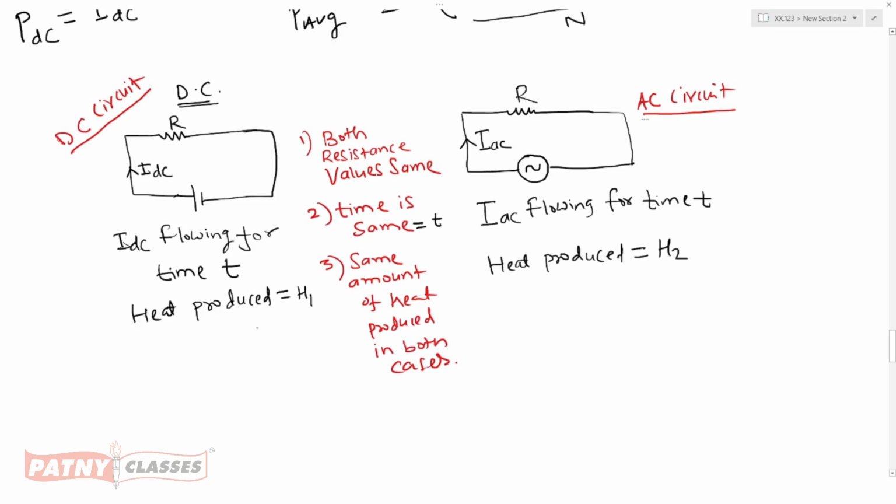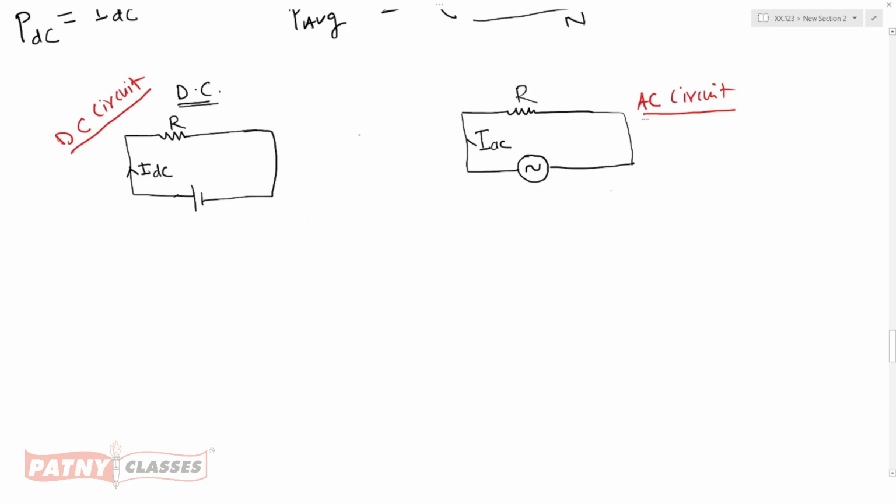So let us call the heat produced in DC circuit H1 and the heat produced in AC circuit H2. Now we are going to consider a case when the amount of heat produced is equal, that is H1 equals H2. I repeat, in both cases the resistance value is same, the time is same, the heat produced is same. So these three factors are same.